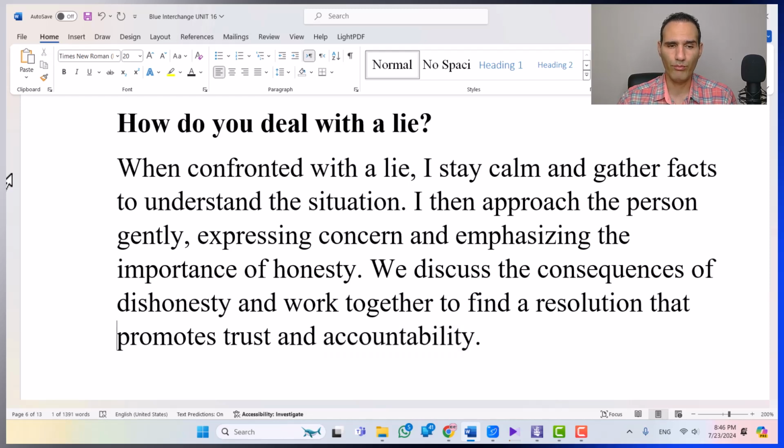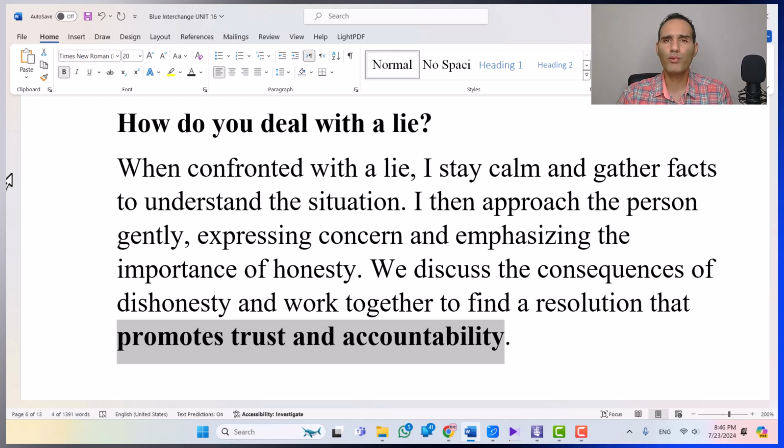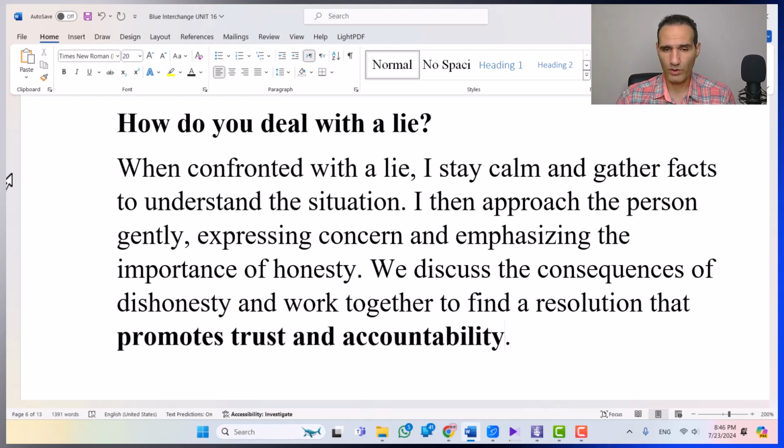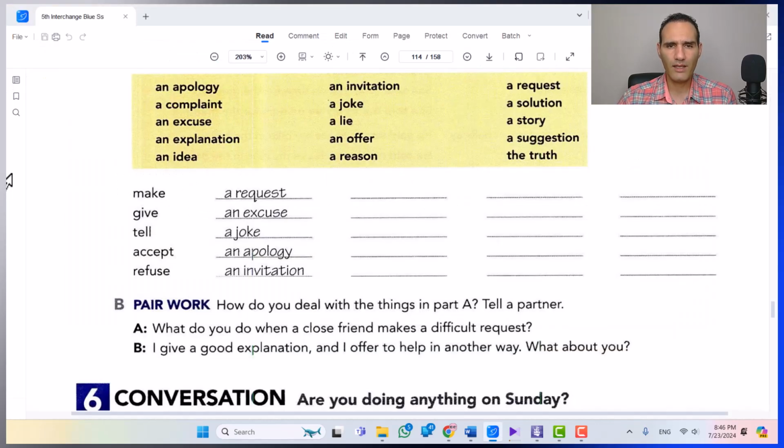So it will promote trust and accountability. It will improve, develop, enhance trust between the two of us and accountability, responsibility. So that is the answer, how to deal with a lie, how to deal with an excuse.